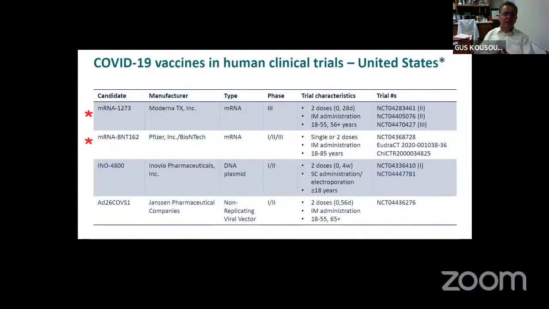So for COVID-19 vaccines that are in human trials and already out on the market, as you know, mRNA-1273 from Moderna encodes the entire spike protein, at least the entire extracellular portion of the spike protein. It has passed phase 3 and is actually on the market. It requires two doses, 28 days apart, and has been shown to be 94 to 95% efficacious in preventing disease onset.